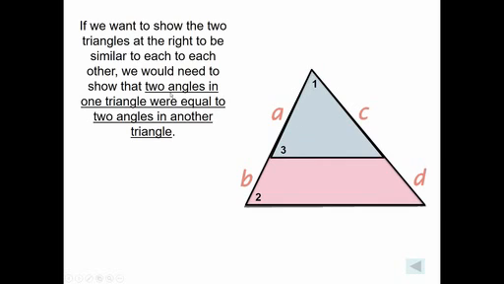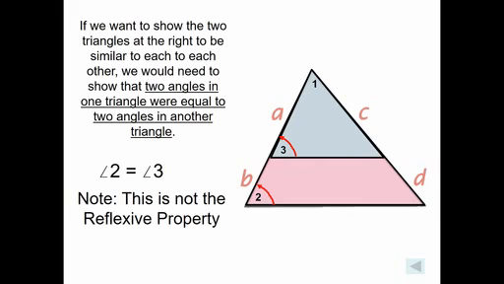To do that, we would need to show that two angles in one of the triangles, the blue one, are the same measure as two angles in the larger pink triangle. So the first thing that we would say is that angle 2 is equal to angle 3. That is not the reflexive property. We just know that because those are parallel lines. They're called equal corresponding angles, but that comes later.